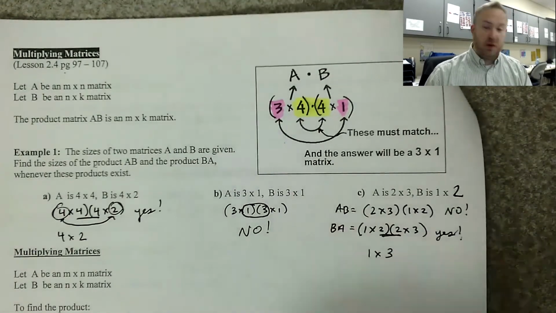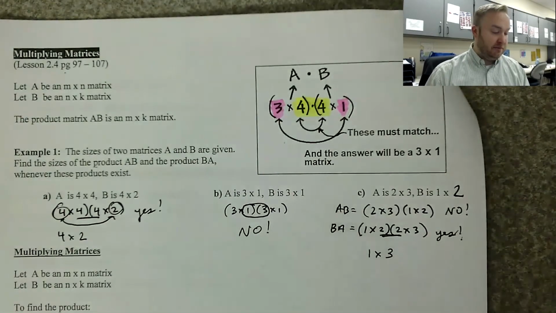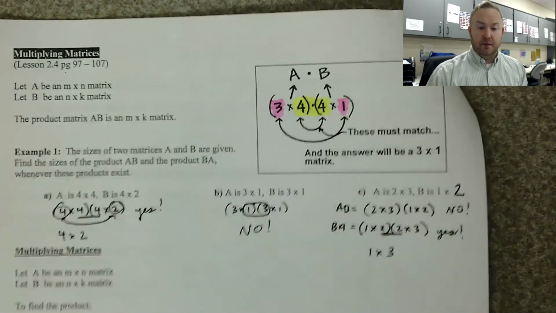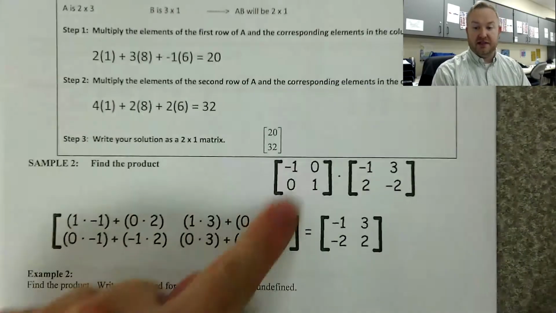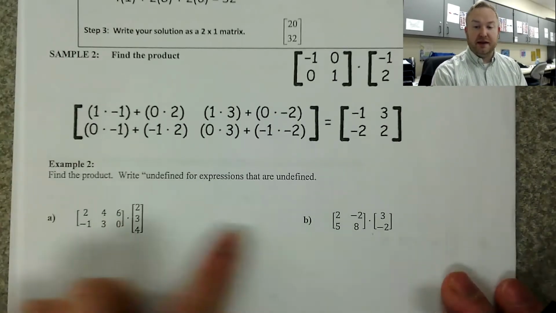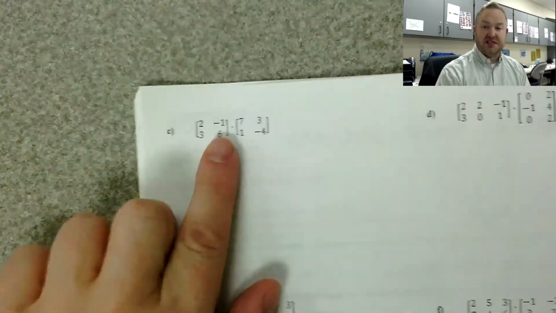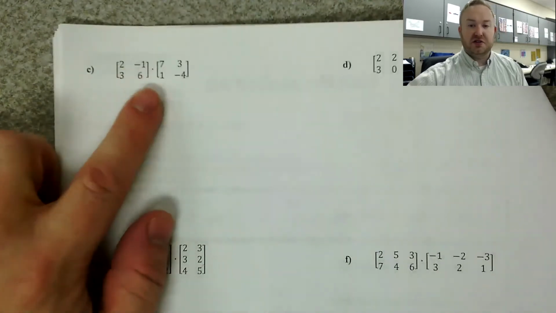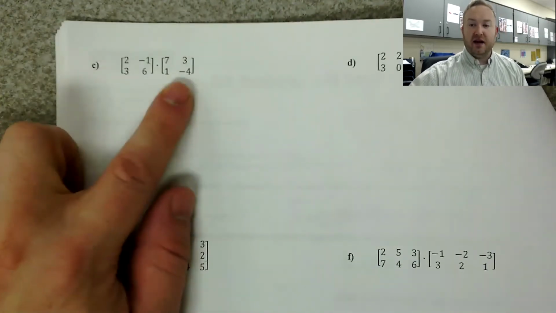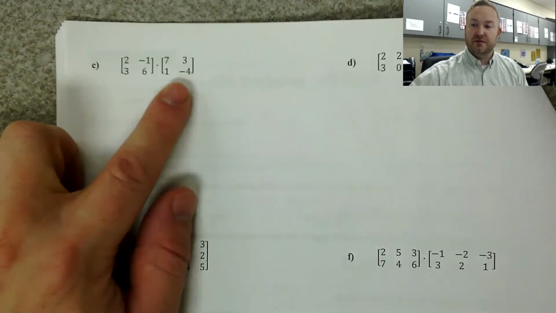In fact, in this case, we can't even do A times B, but we are able to do B times A. Okay, again, there's some examples down here. We're going to do some of these, but I really think that the best one to start with is example C on the next page, because it's 2 square 2x2 matrices.